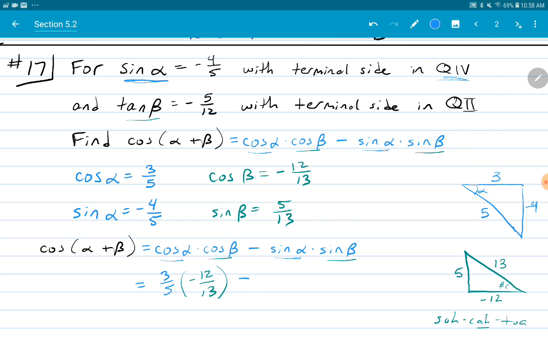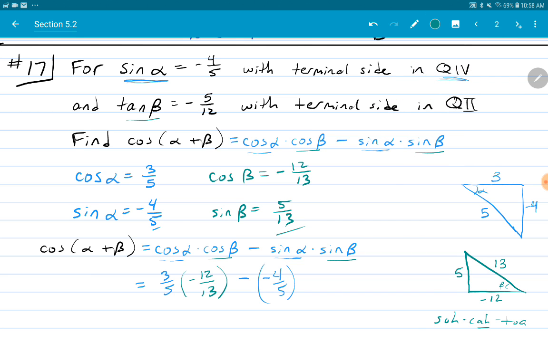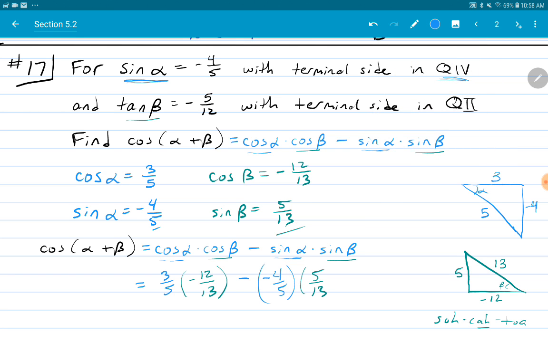Sine of alpha is -4/5, which I get from right here. And sine of beta, which I have here in green, is 5/13. And I can put the parentheses on the positive ones or not. I'll go ahead and just put them all on to be consistent.